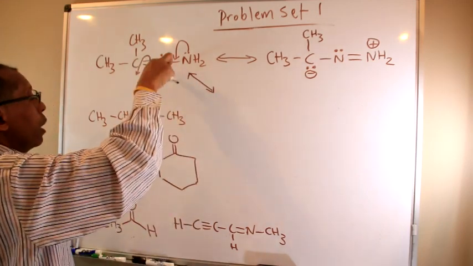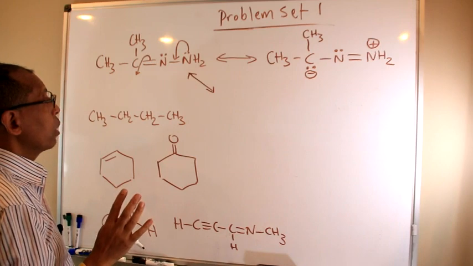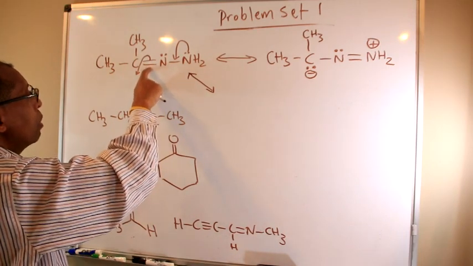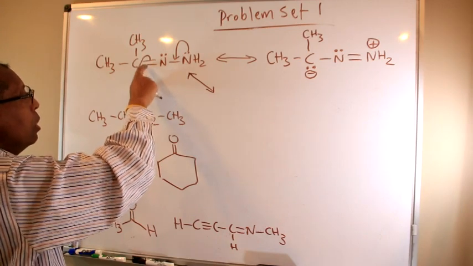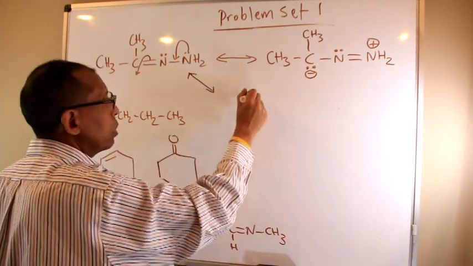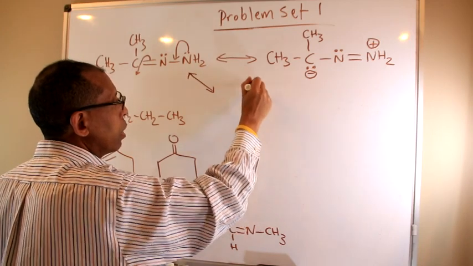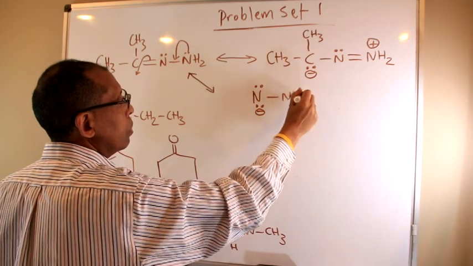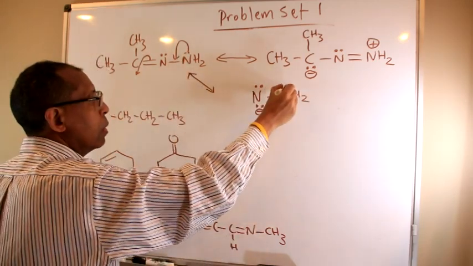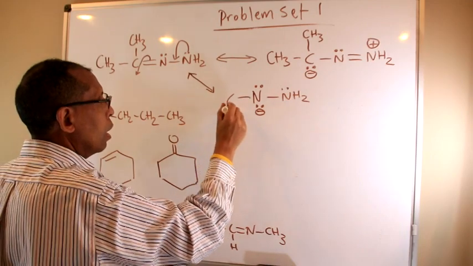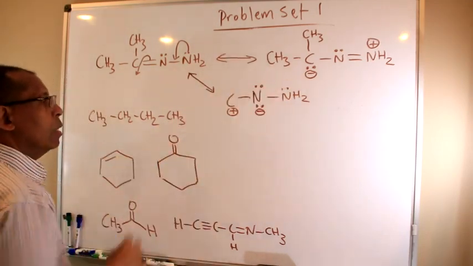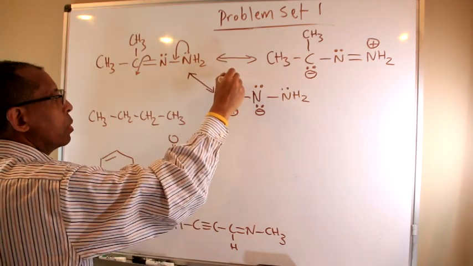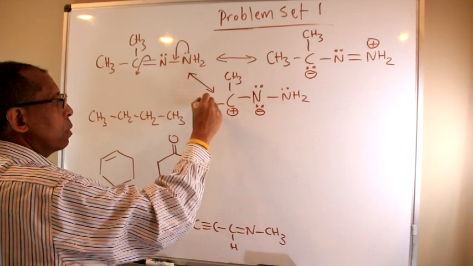I don't want to write another arrow so that you don't get confused, but what happens is if you pull out this pair of electrons from carbon and put them on the nitrogen, that means nitrogen would carry two lone pairs and a negative charge. You have NH2, same structure, and carbon is now plus because it gave a pair of electrons to nitrogen, CH3, CH3. It looks like this.